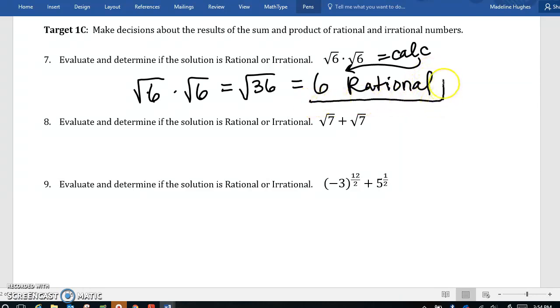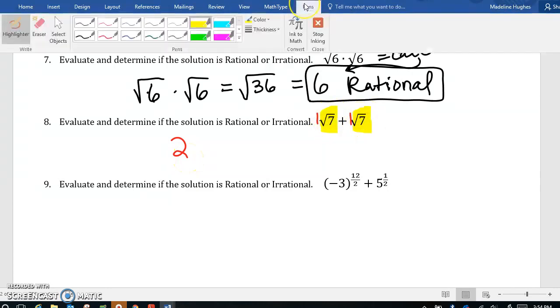Rational means you can write it as a fraction. An integer can also be written as a fraction. Next one, number 8. When you have radicals that you're adding, you add the coefficients in front, which is 1 and 1. So 1 plus 1 is 2. And then you keep the base, or that root, the same.